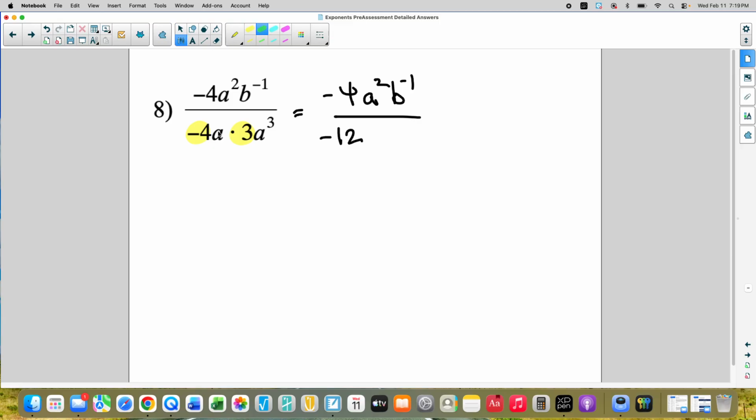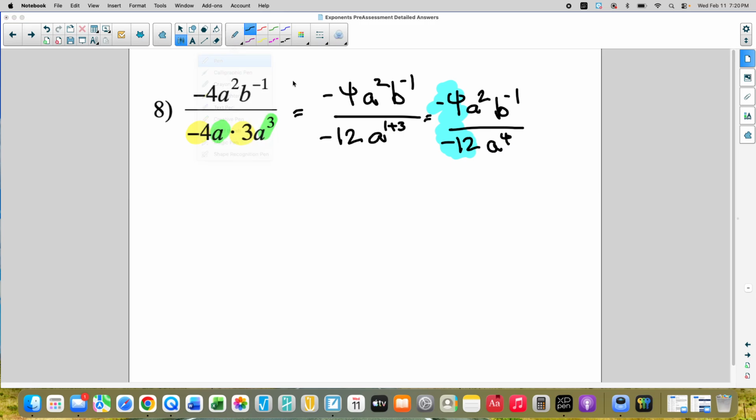We have a to the 1st, a to the 3rd, which gives us a to the 1st plus 3. So -4 a squared b to the -1 over -12 a to the 4th. Let's deal with coefficients. -4 over -12 is 1 over 3.